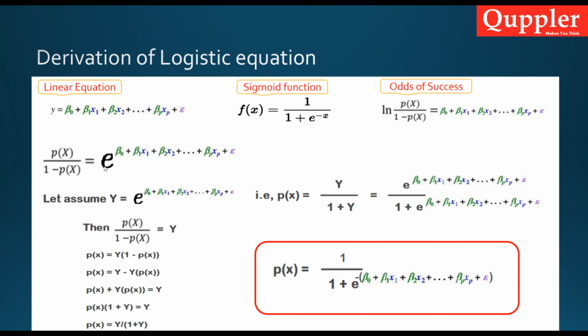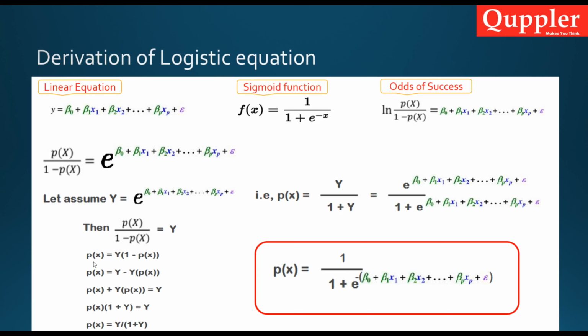If we term this entire thing as y, then p(x) by 1 minus p(x) equals y. So in that case, we can easily find the value of p(x).